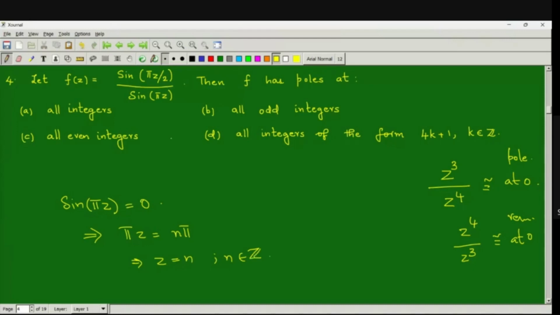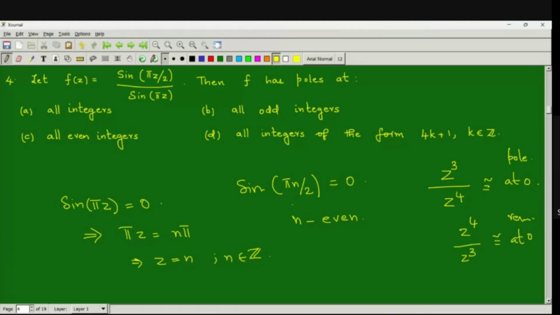Now find all those n's for which this thing is also 0. When will this come to 0? n is even. Right? So whenever n is even, this thing is going to be a removable singularity.